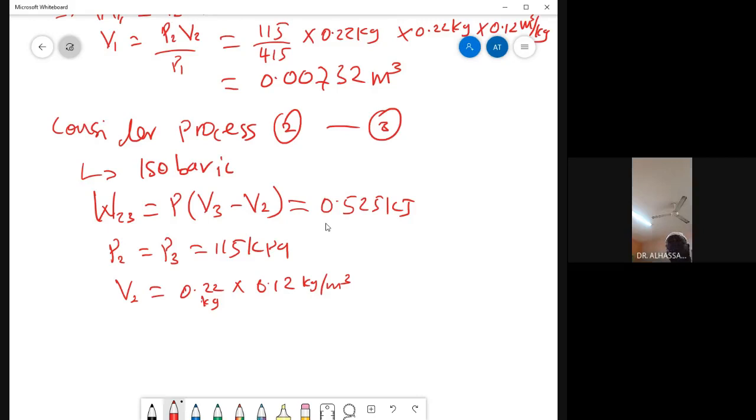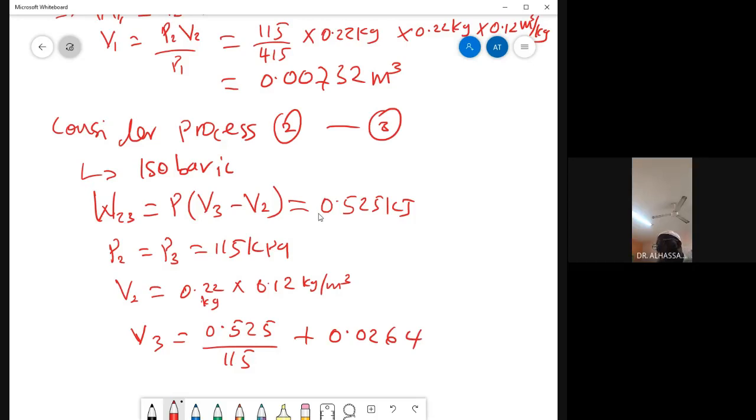V3 comes out to be equal to 0.525 divided by 115, plus 0.0264.